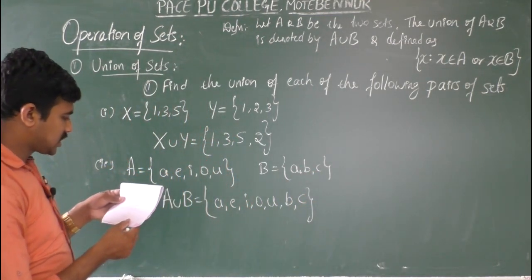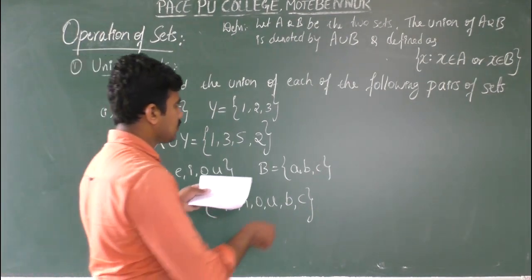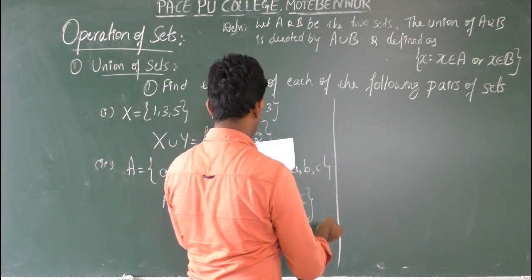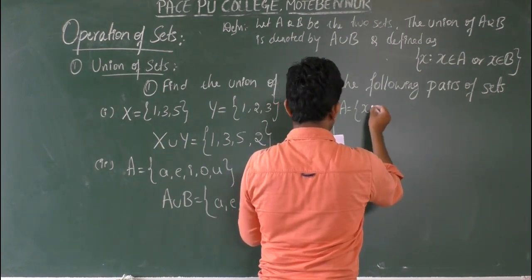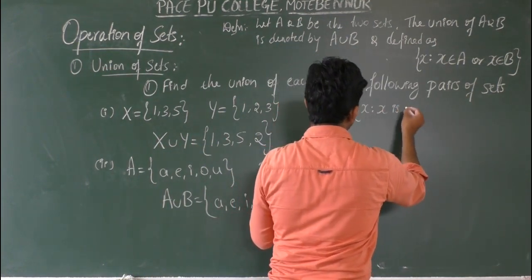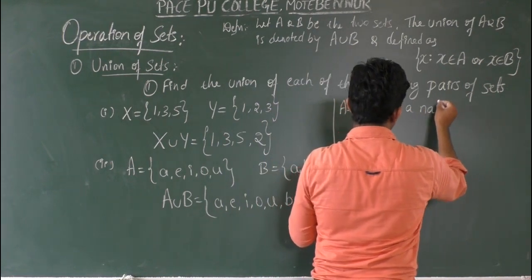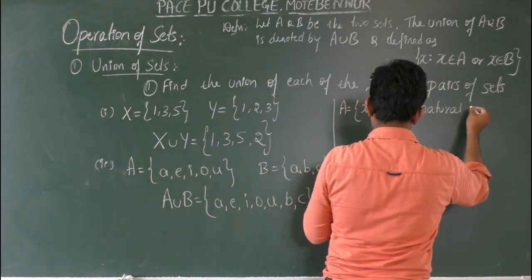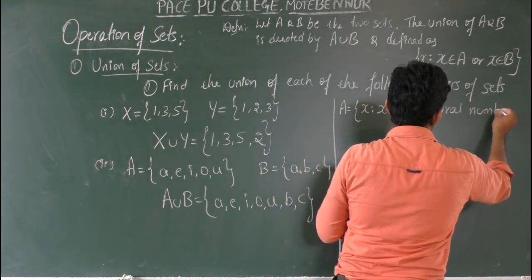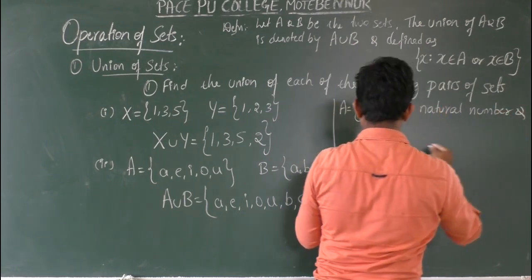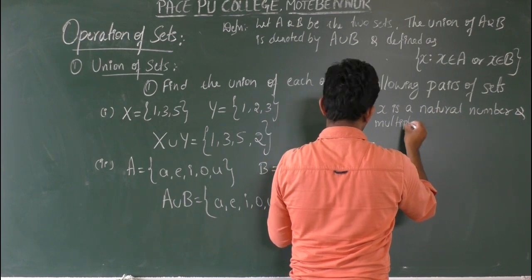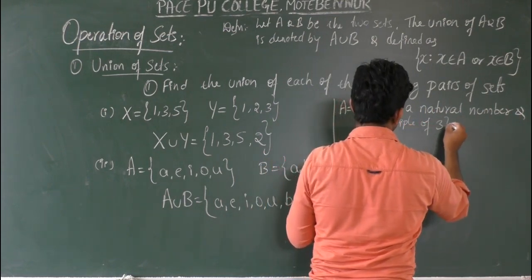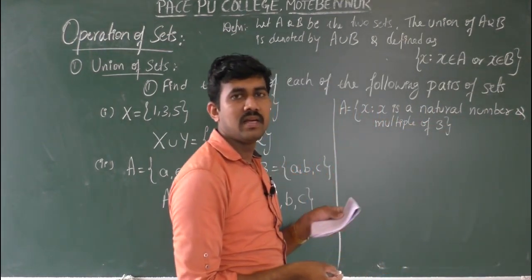Similarly, the next question, see. A is equal to the set of all X such that X is a natural number and multiple of 3.